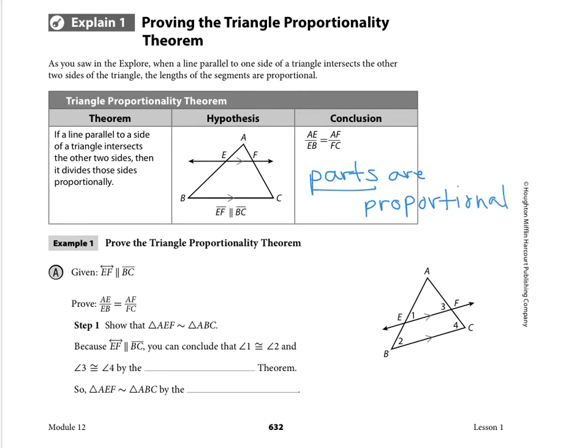So now what we're going to do is actually go through and figure out why that theorem holds true with some knowledge that we have about similar triangles from before.